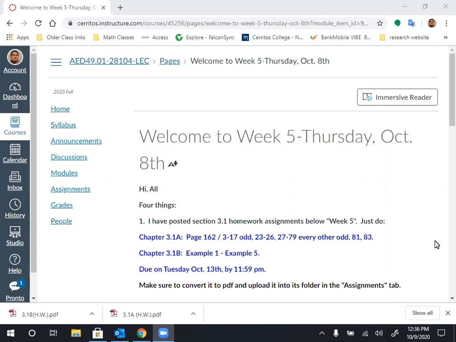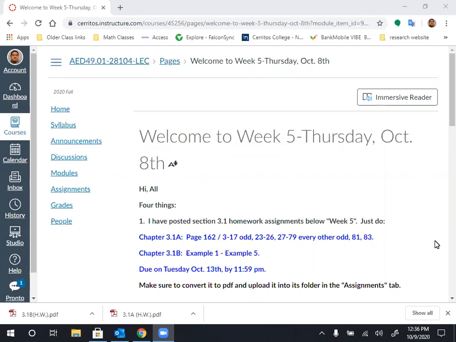Then 23, 24, 25, and 26. Then it says 27 to 79 every other odd.